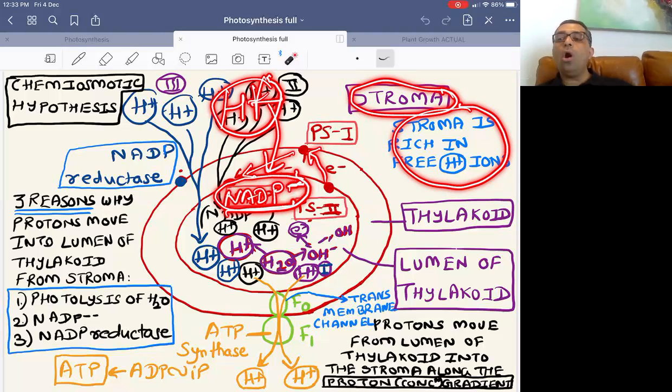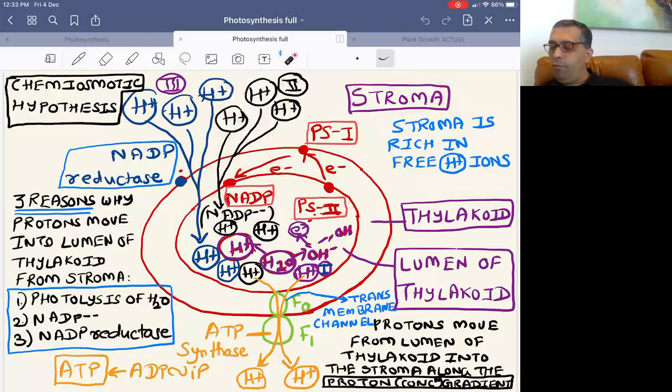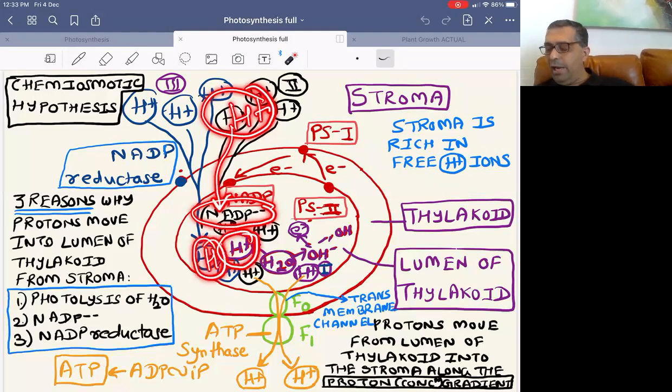So protons move from the stroma through the thylakoid towards NADP minus, and protons from the stroma start moving into the thylakoid. तो thylakoid के lumen में protons accumulate होते हैं because of NADP minus minus.